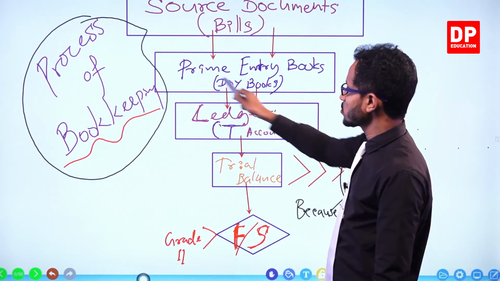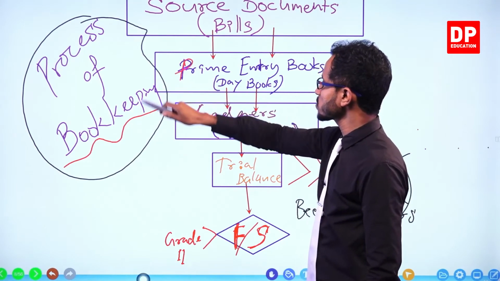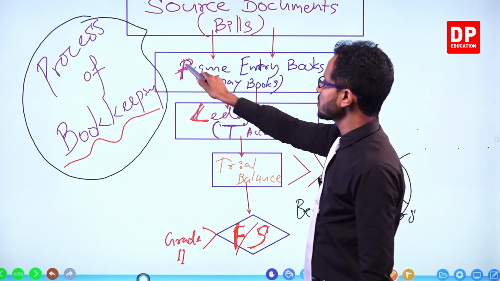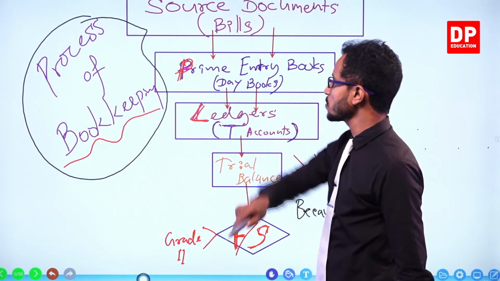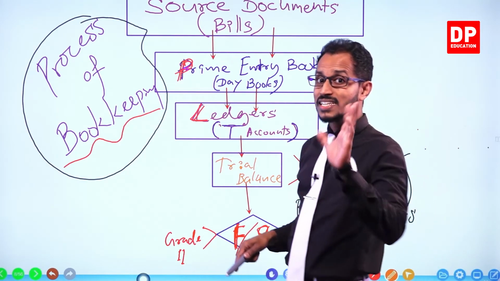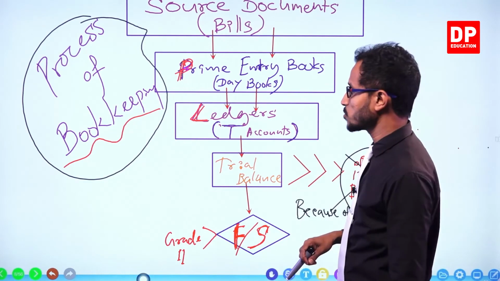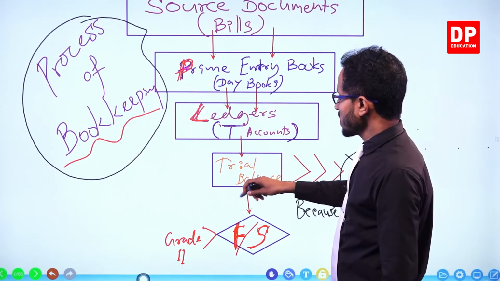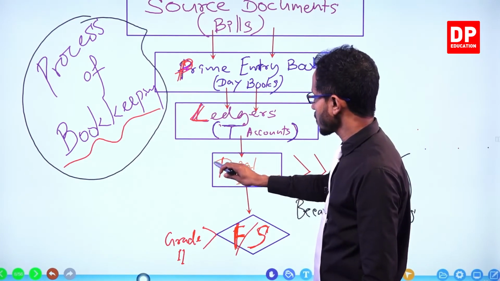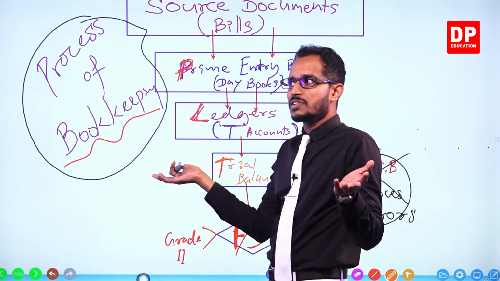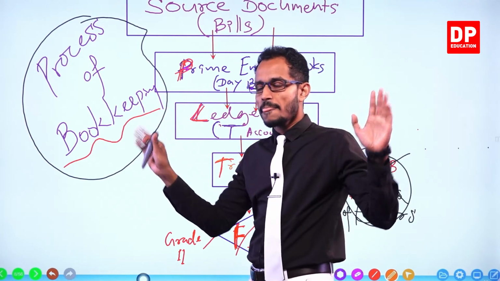Books of accounts: prime entry books, ledger accounts, ledger books. These are the books of accounts. So recording transactions in the books of accounts is the bookkeeping process, and preparing the trial balance. When preparing the trial balance, we can get to know if it balances.